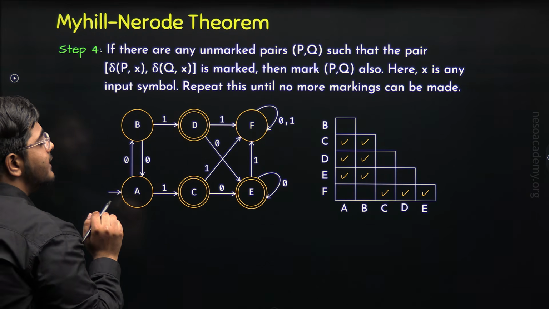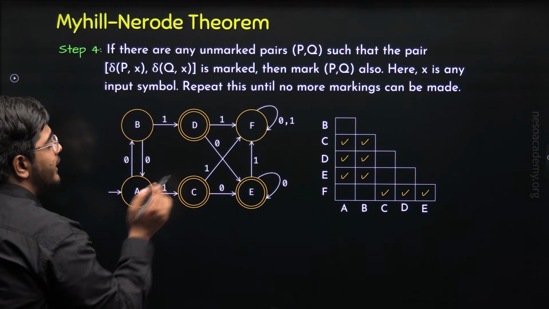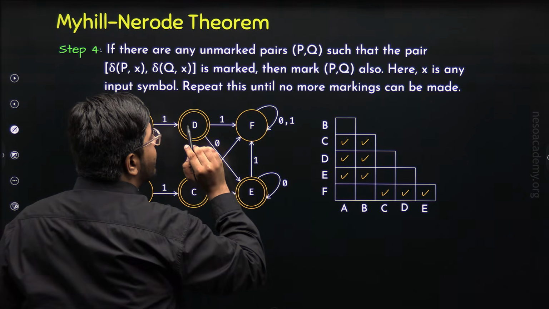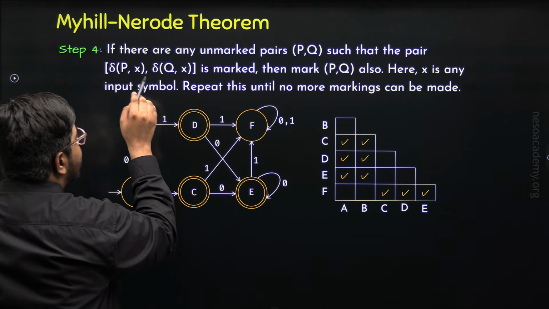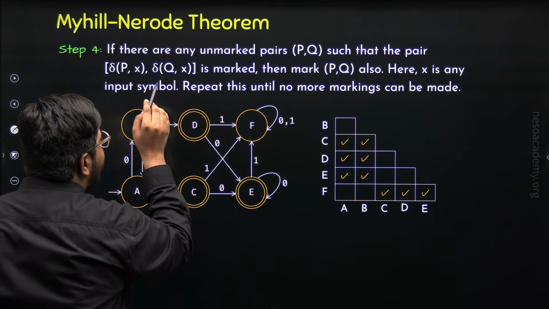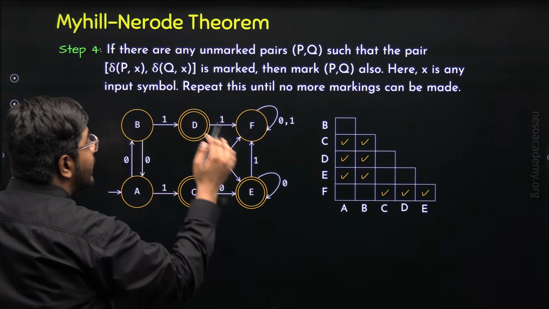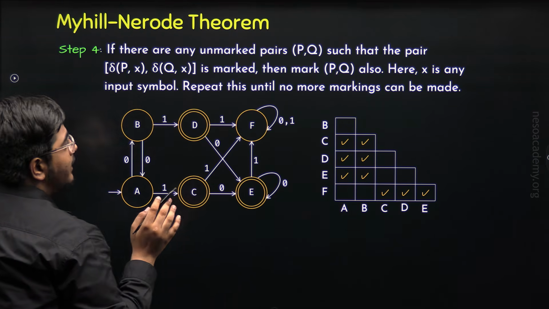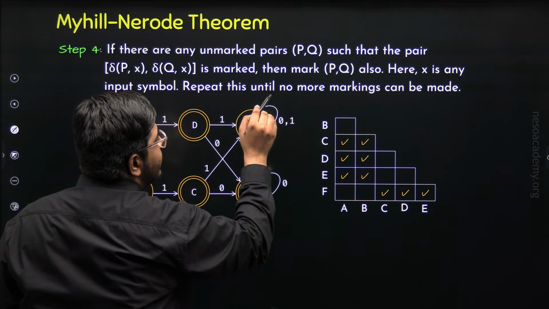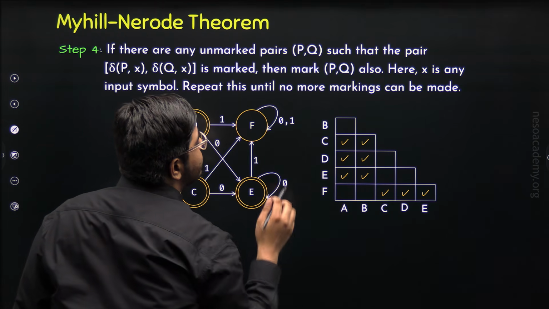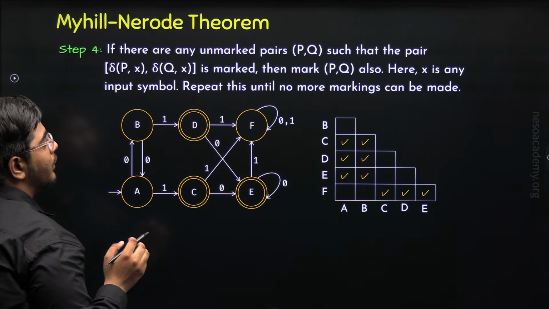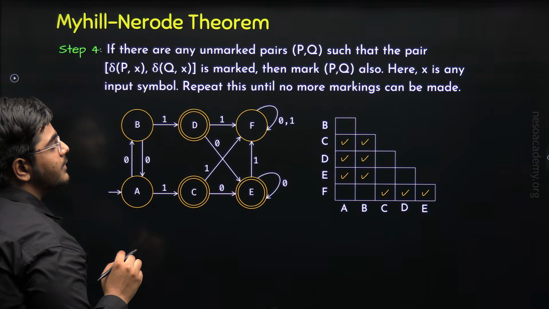In this particular case, the input symbols are 0 and 1. And if, for an unmarked pair P, Q, delta Px, delta Qx, this particular pair is already marked, then you also have to mark P, Q. And you have to repeat this process until no further markings can be made. So let's start applying the step number 4 to all the unmarked pairs.